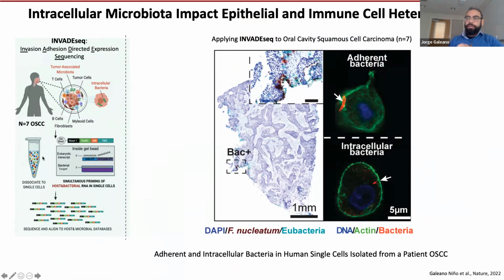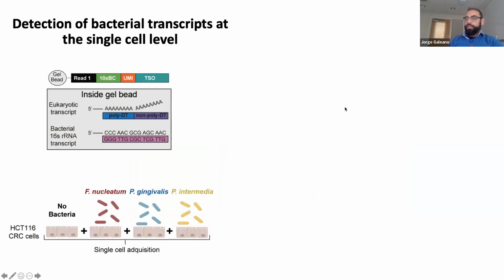As a result, we can amplify human reads together with bacterial reads, and we can find which bacterial communities are infecting the tumor cells at single-cell level. This is just to mention that when we process the tumor samples, we can also detect intracellular bacteria by using confocal microscopy. This is just to show how this technique works.